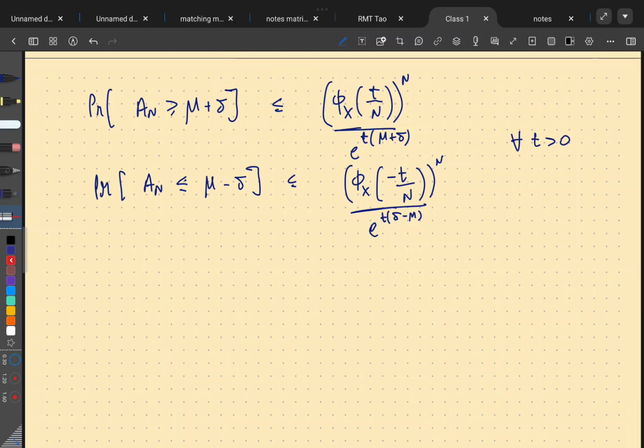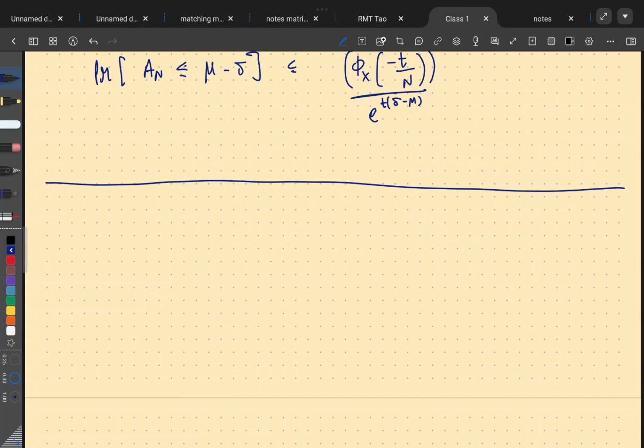Okay, so in fact you can try to simplify this for specific distributions, and we'll use one particular bound for the Bernoulli distribution. In fact, that's also a homework problem. So we'll use this bound frequently.